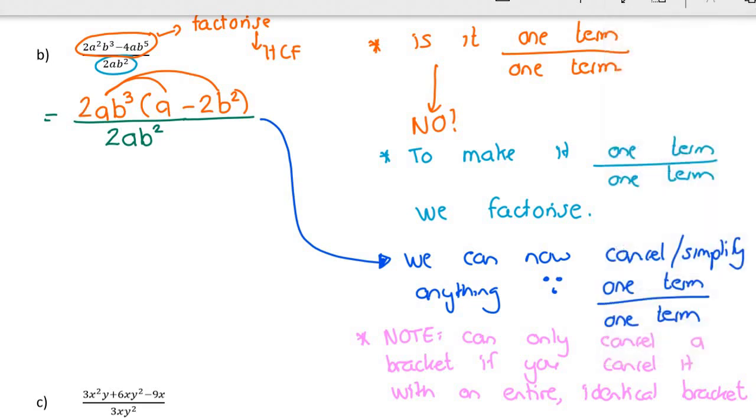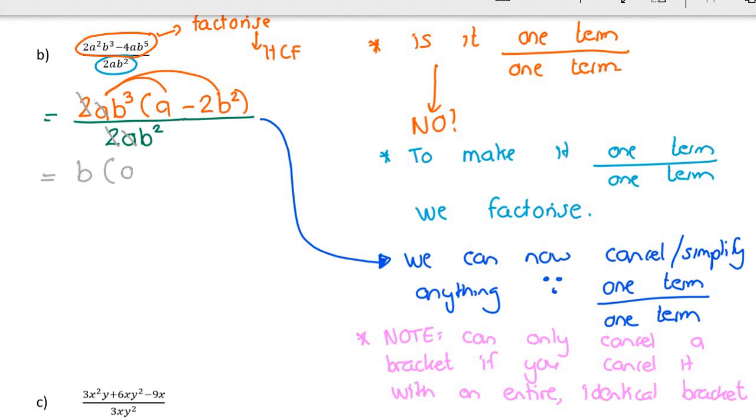What I can do now is I say, right, 2 goes into itself once. A goes into itself once. Now, if you look at the B's, if I have 3 B's on the top and 2 at the bottom, I'll be left with 1 at the top. Now, just be careful. This whole cancelling out, I need to be able to see your highest common factor. So if you are going to cancel like I have now, just do it lightly in pencil.